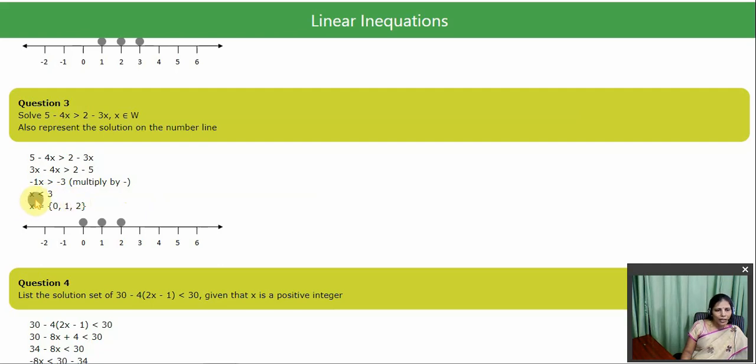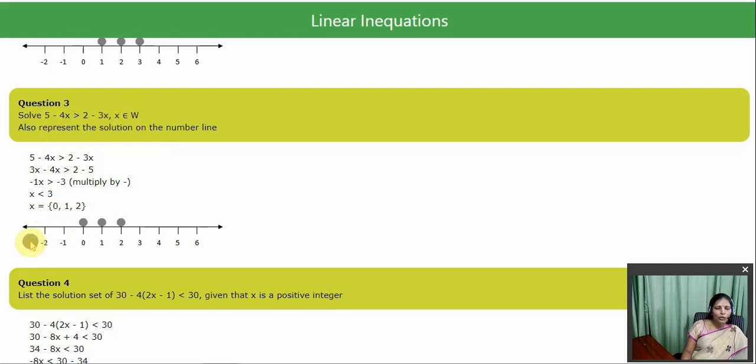So all the values which are less than 3 come under the solution for this inequality. Right? So what are the values less than 3? It is 0, 1, 2, as it is denoted that x belongs to whole numbers. So x is equal to 0, 1, 2 will be the solution for this inequality.